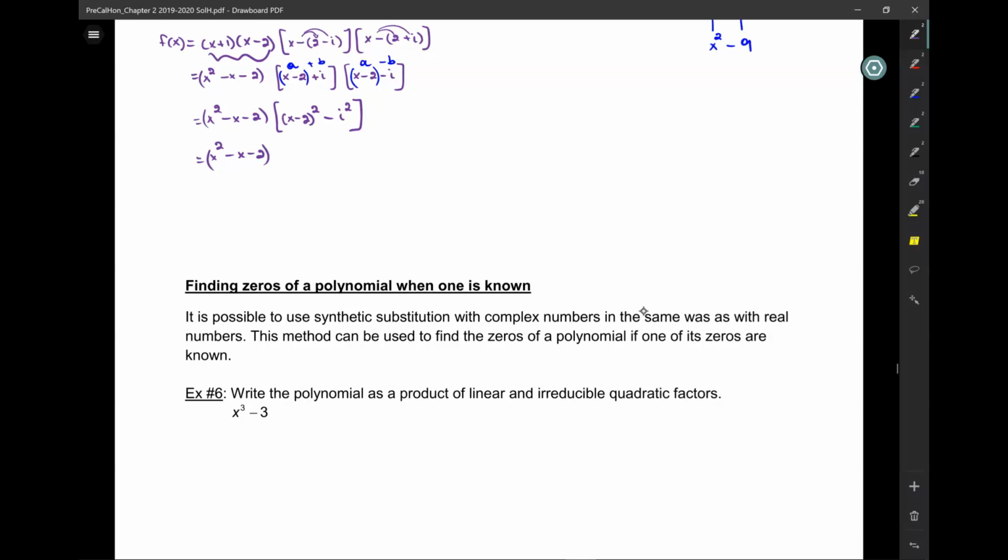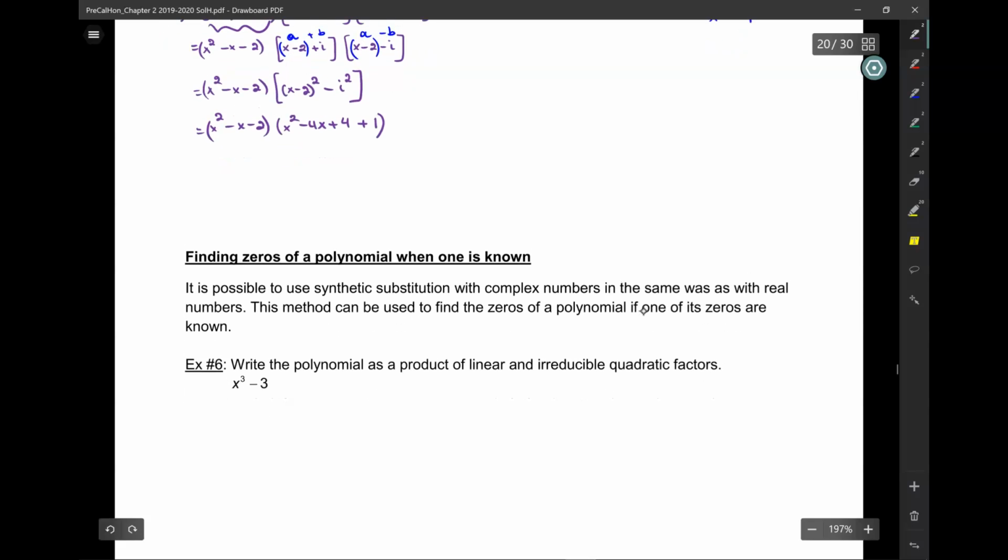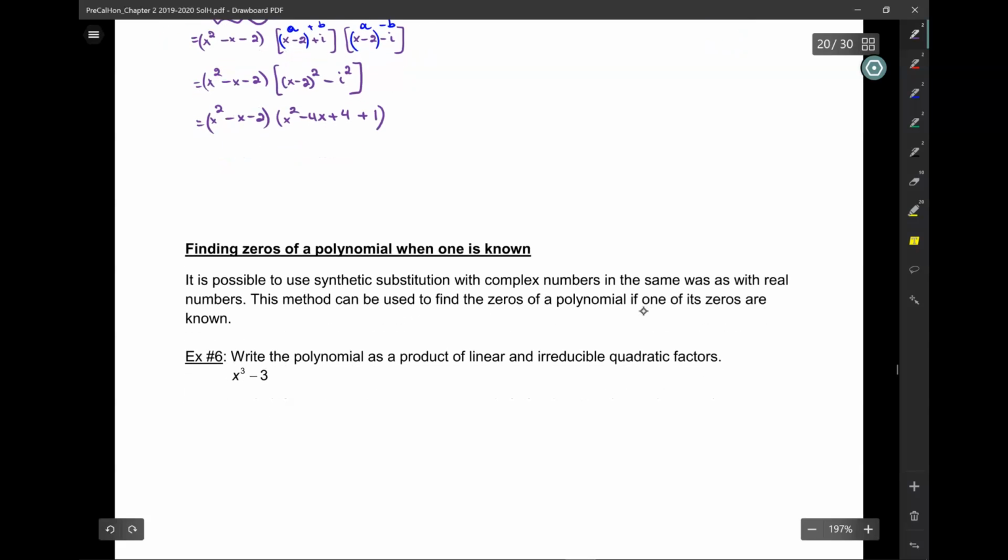When I square, x squared minus 4x plus 4 plus 1. Do you guys believe me that that's a plus 1? Okay. So f of x is x squared minus x minus 2, times x squared minus 4x plus 5.